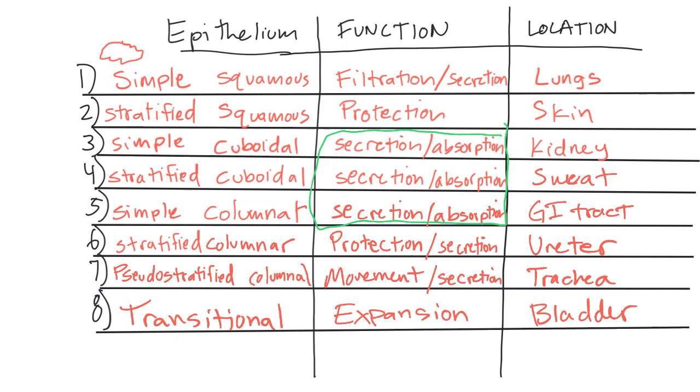But if it's stratified, then it does give you that extra layer of protection too. Okay. Yeah. So you could generally say stratified is protective. Yeah. Would females have a little bit of transitional in their body since they have stretch marks, or would that be something different? That is actually, the stretch marks can happen in males and females. That's just where the skin actually stretched too much and it was replaced by connective tissue.